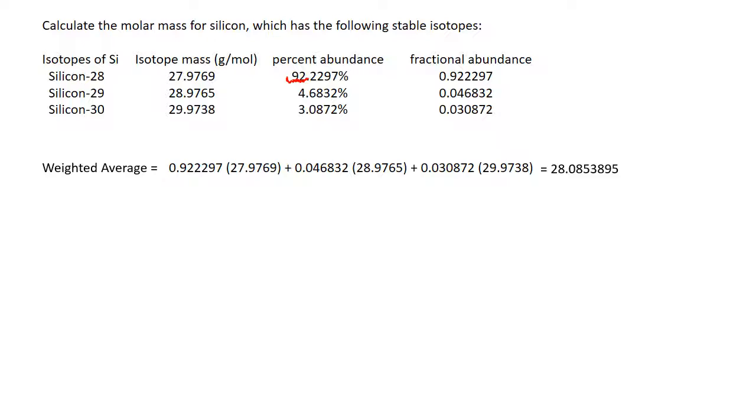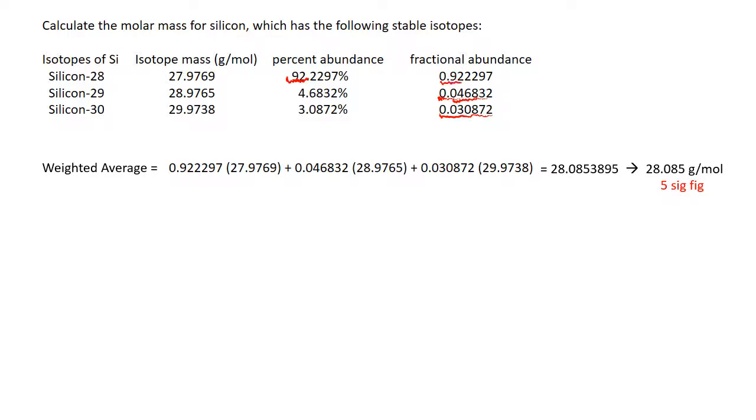Now again, I kept all the digits that my calculator will give me, and I need to come back and round that answer. So how would I do that? Well, what's limiting my digits of precision? I find out that my limitation is in these two relative abundances right here. I have 5 sig figs for this one, 5 sig figs for this one.